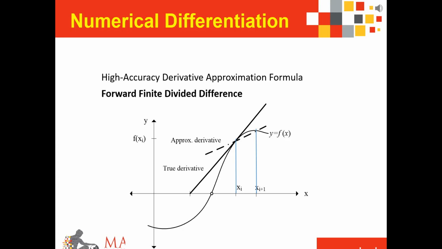However, you would also notice on this graphical depiction that if I lower the step size, making my xi plus 1 closer to my reference data point xi, like this, we should be able to come up with a more accurate derivative estimate, thus showing us that at a lower step size, this technique would eventually give us a very accurate derivative approximation.